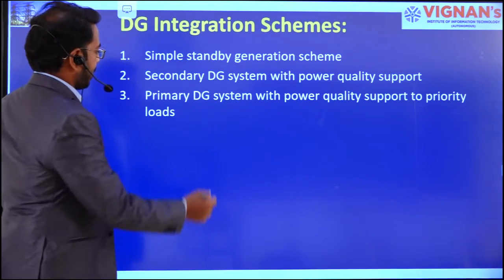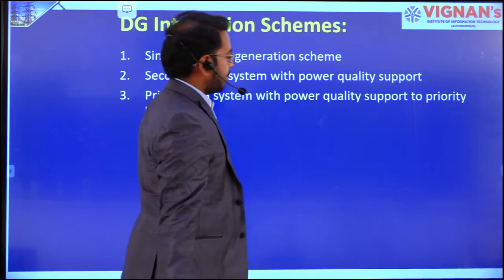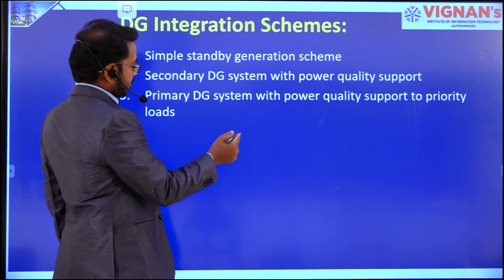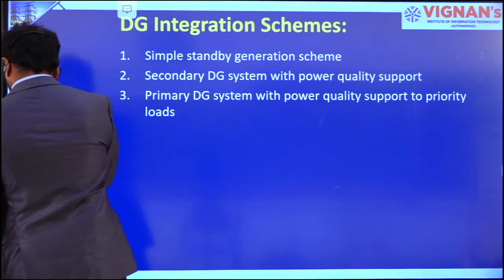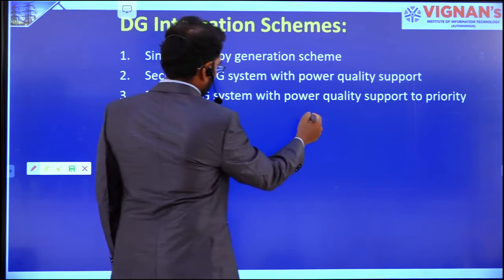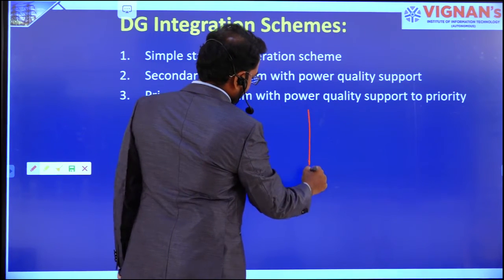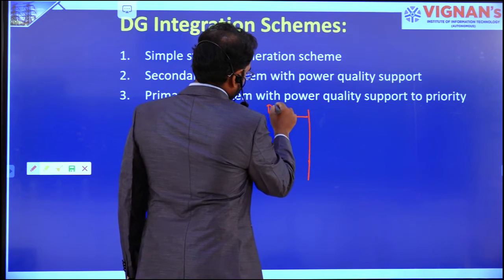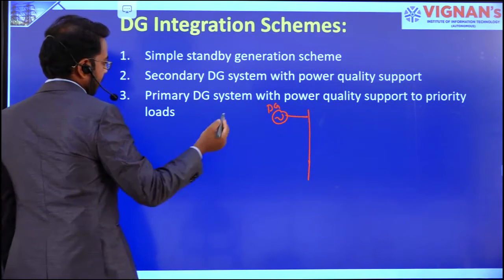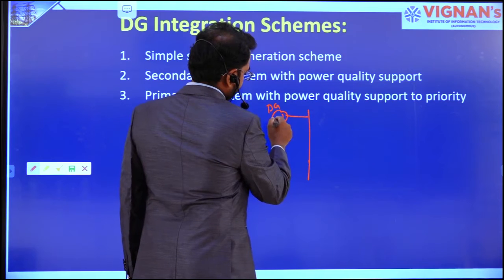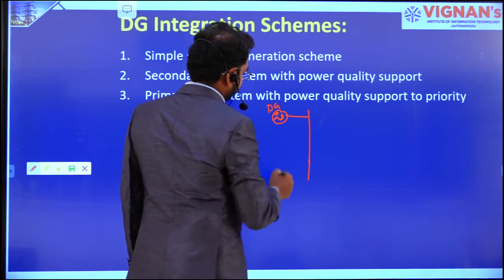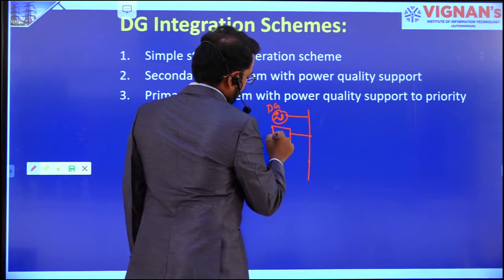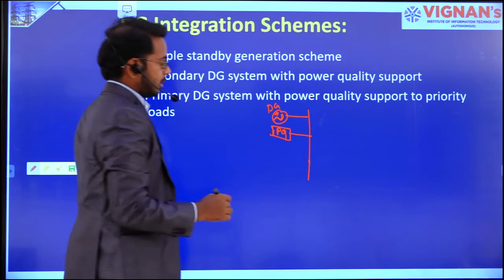The third one is the primary DG system with power quality support to the priority loads. Here they properly mention it. We have different types of loads in this, the DG with power quality equipment, power quality support.